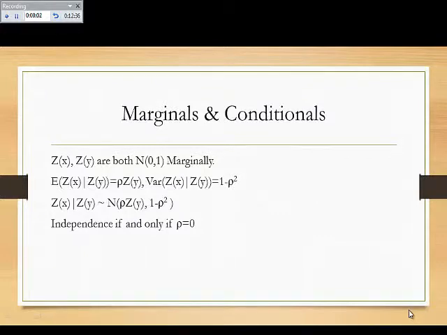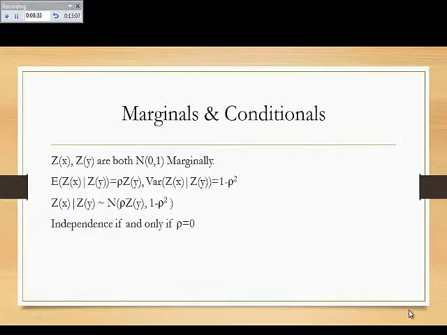Zx, zy are both normal 0, 1 because we have standardized them. The conditional density is interesting. It's zx given zy is rho times zy. This is exactly what I said earlier. And the conditional variance is 1 minus rho squared. So if you look at the conditional distribution of zx given zy, the standardization of x conditional on the standardization of y, you get normal.